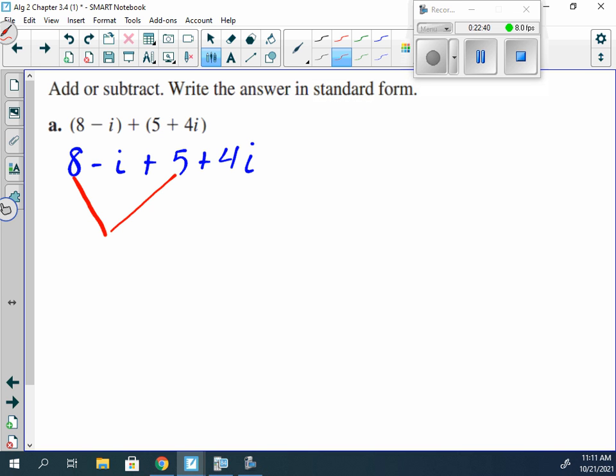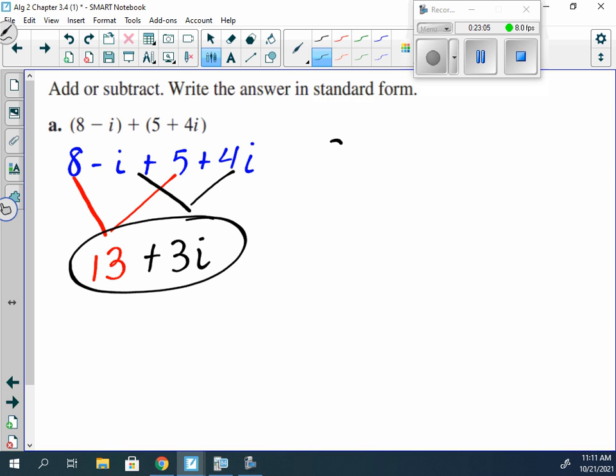They don't have i. So what is 8 plus 5? Negative i and 4i are like terms because they both have i, yes? What's negative i plus 4i? And it would be positive.